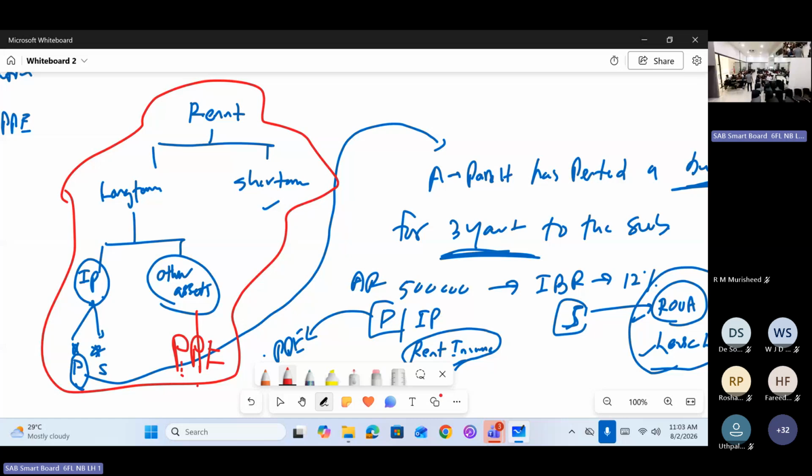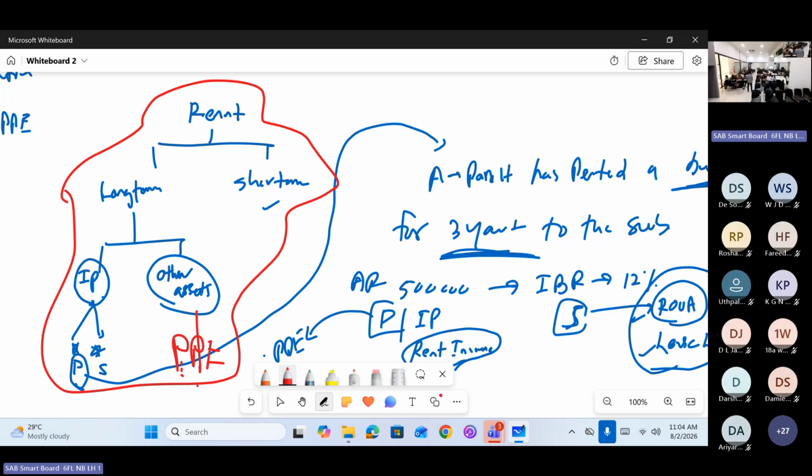Whatever the instance, you need to reverse ROUA. This side will be allocated rent expense, right? And please make sure to reclassify IP to PP&E. That is the critical entry. That's it about intercompany rent. Okay. The next topic, intercompany.